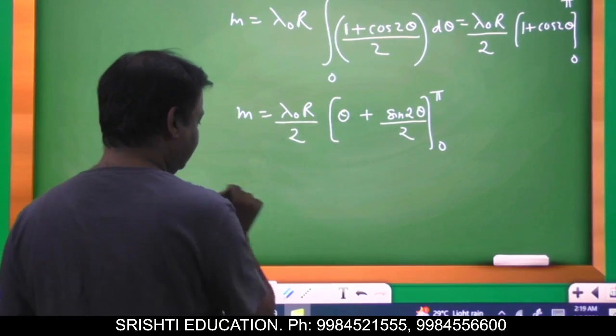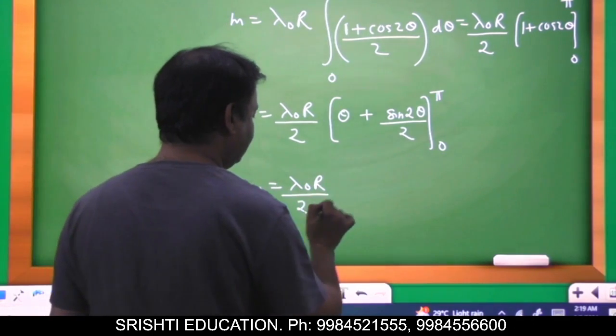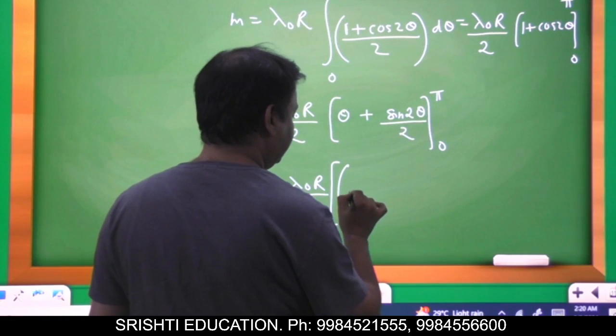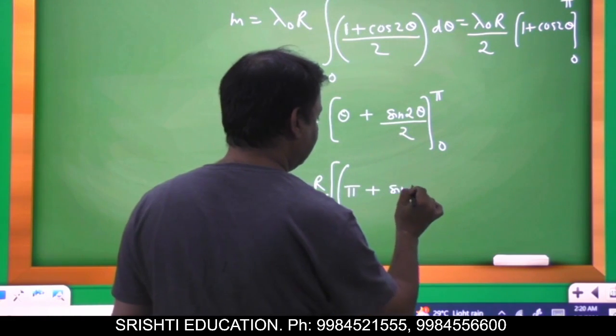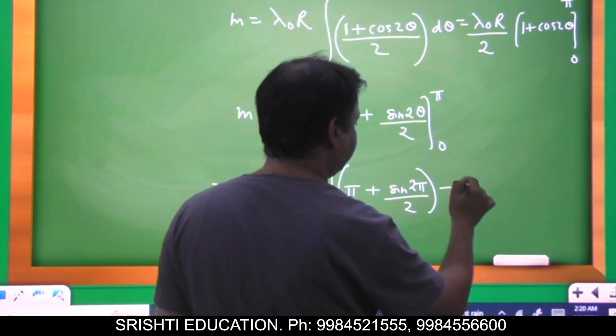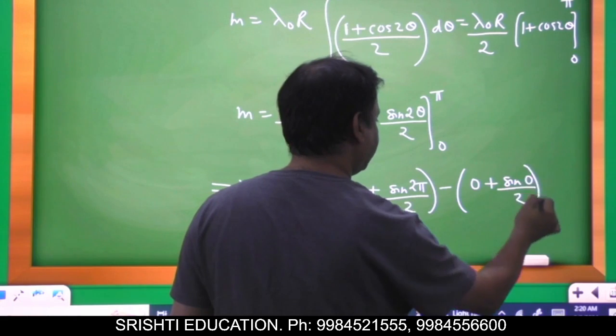Now put the values: m is equal to lambda naught r by 2, and in a bracket, instead of theta put pi, so pi plus sine 2 pi by 2, minus, put theta as 0, 0 plus sine 0 by 2, correct?